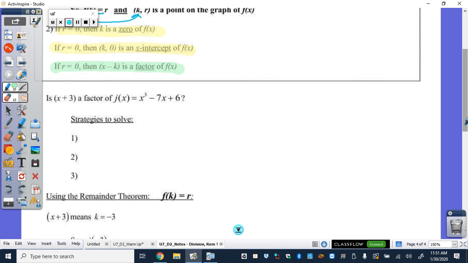If we're asked, is x plus 3 a factor of x cubed minus 7x plus 6, we have 3 ways that we could figure that out. First way, we could do long division. Is the remainder equal to a 0?